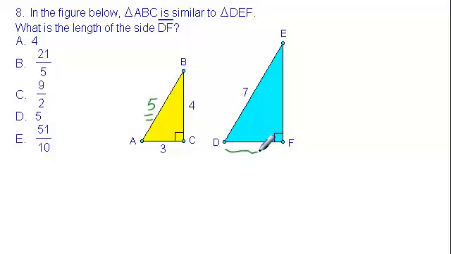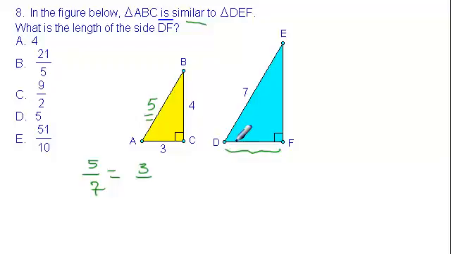Now we have to find the length of DF. We can have a ratio because these two triangles are similar as given here. So that means I can set up a ratio and proportion. And so I'm going to say that 5 over 7 is going to be the same as 3 over DF.